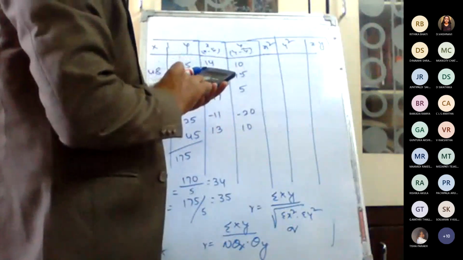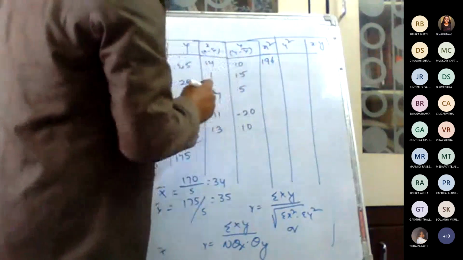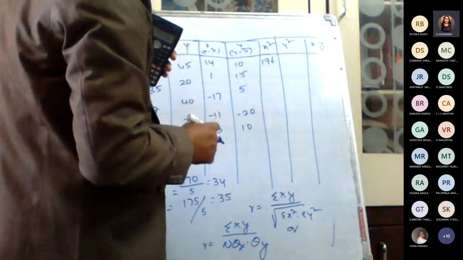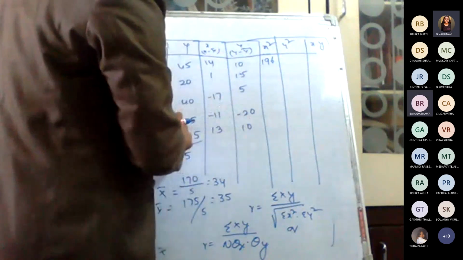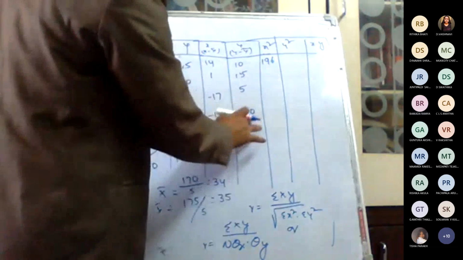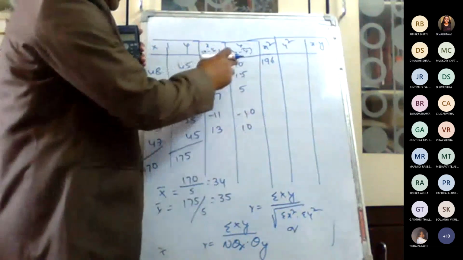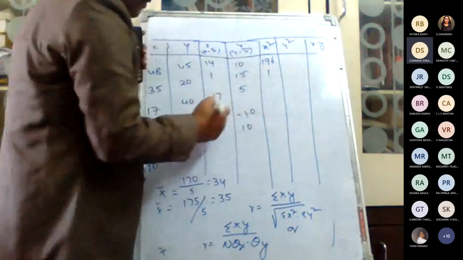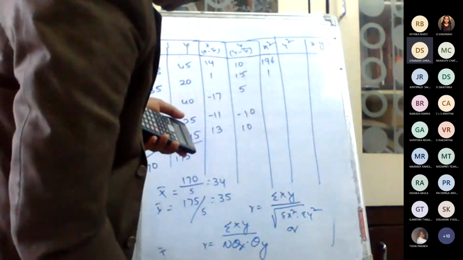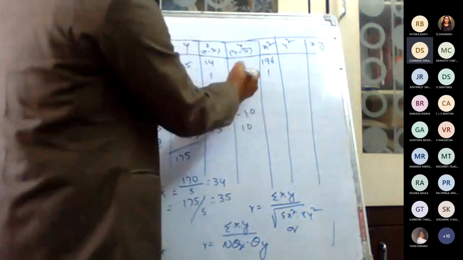Sir, in that y value it's not minus 20, it's minus 10. Recheck. 25 minus 35, minus 10. Yes, correct. Next, in the y value, shouldn't it be minus 15? 20 minus 35. Yes.